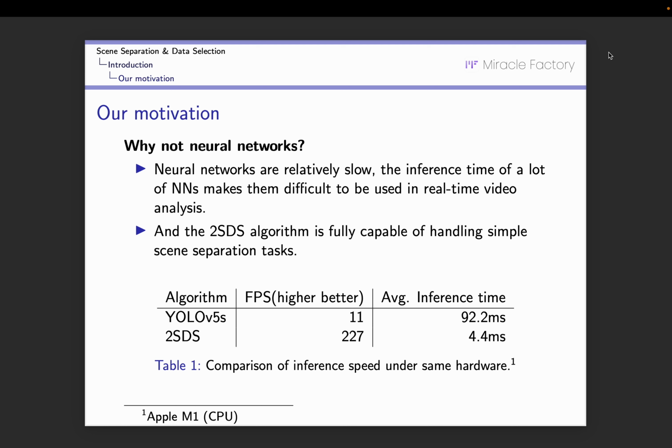The second reason we don't want to use a neural network is that we find the 2SDS algorithm is fully capable of handling simple scene separation tasks. So these are the two reasons that we don't want to use a neural network.